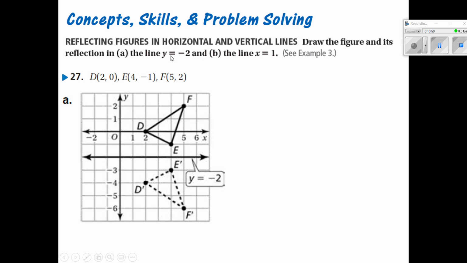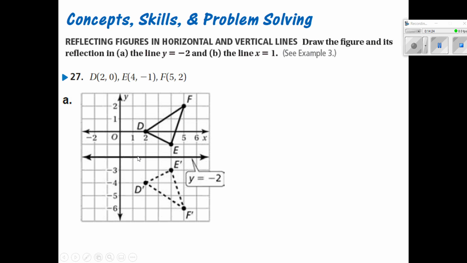Now remember, it says a reflection in the line y is equal to -2. So what does that mean? The line of reflection that I have here is going to be at -2, 1, 2, right?